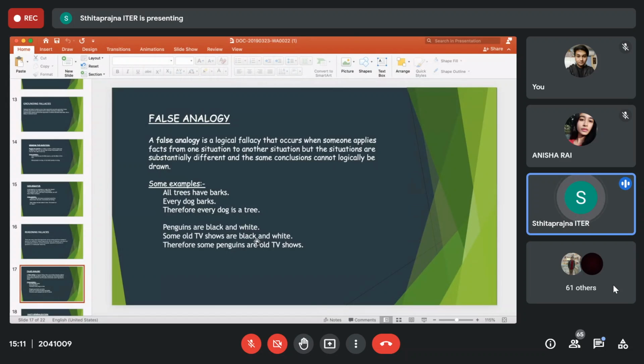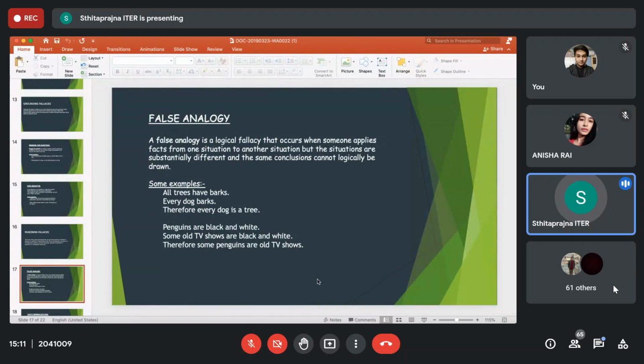This is false analogy. Penguins are black and white. Some old TV shows are black and white. Therefore, some penguins are old TV shows. How can you even make an analogy like this? So this is completely hilarious. It is flawed.